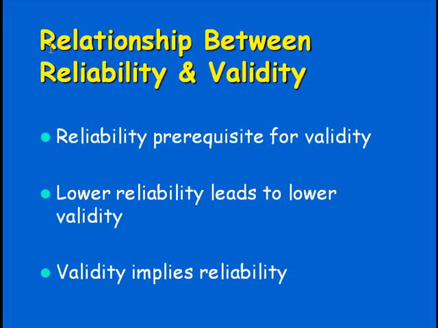In order to have validity, you have to have reliability. You can't have validity without a measure being consistent. And lower reliability, if something is less consistent, then that leads to lower validity. So that's the relationship between the two.